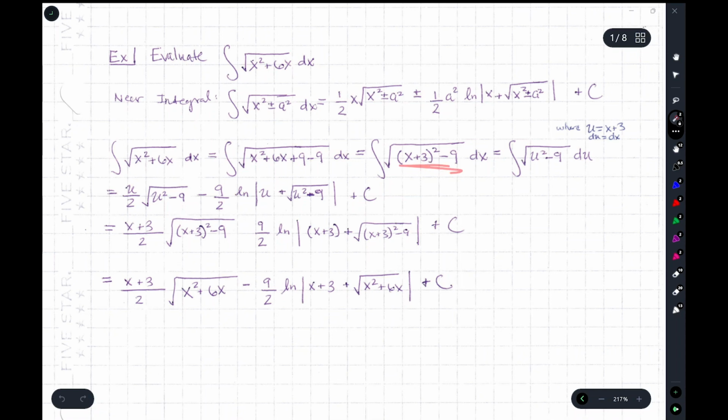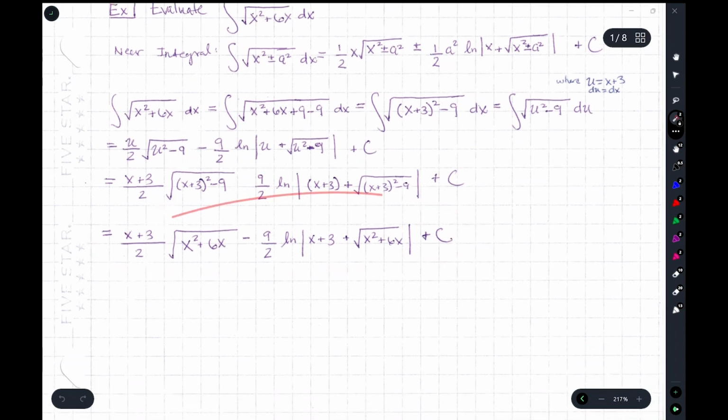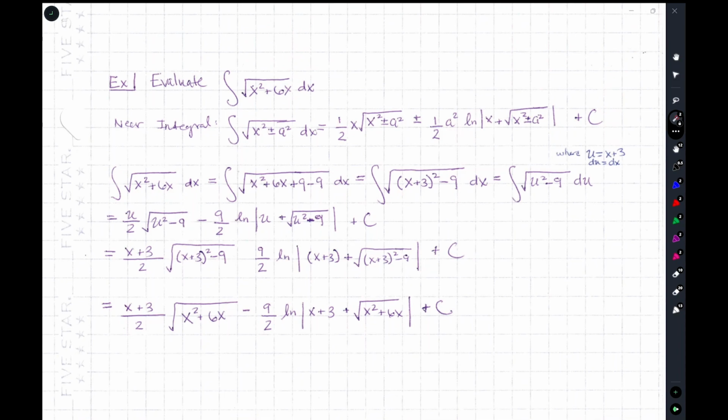We get this result when we complete the square, and then we do a u substitution with u equal to x plus 3, and we end up putting our integrand now in the form of the table of integrals. We take the integral using the table of integrals, and we get this result. We substitute back u, and we end up with this final result over here. And this is basically how you use tables of integrals.